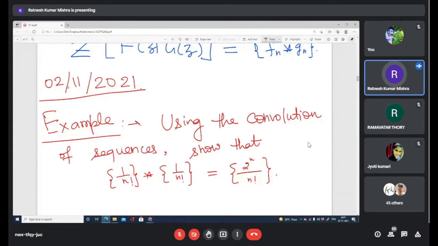So using the convolution of sequences, we have to prove this one.